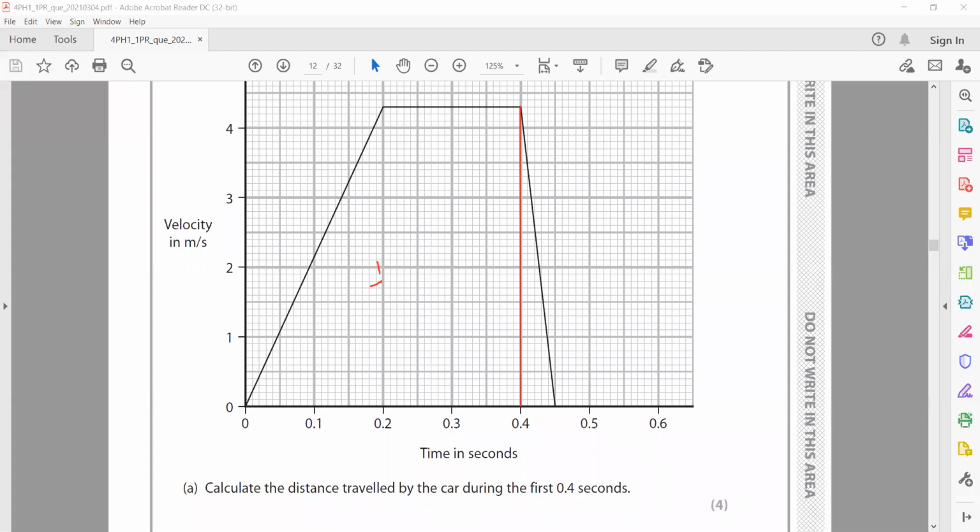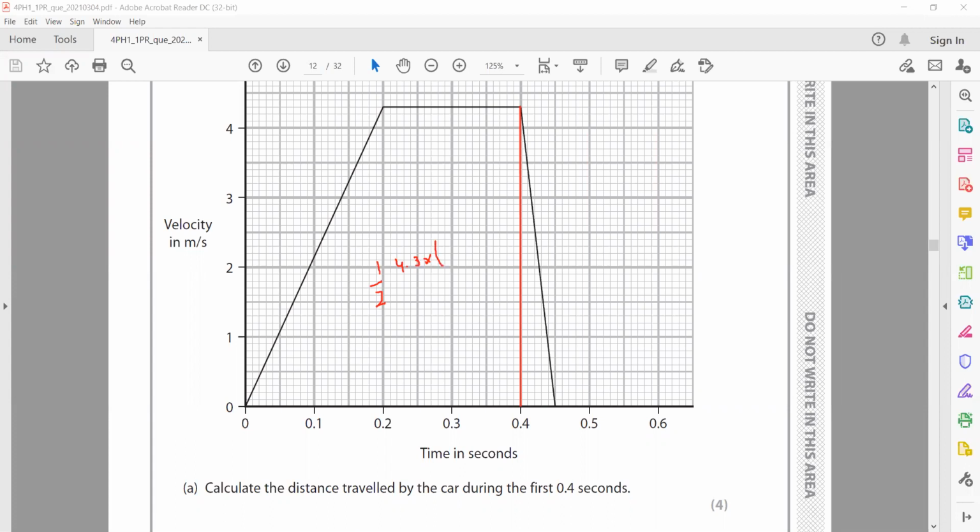So it will be half the sum of the parallel sides, so 4.3. You can also add the area of a triangle, half base times height, and then length times width for the rectangle, and sum them, or you can use a trapezium.